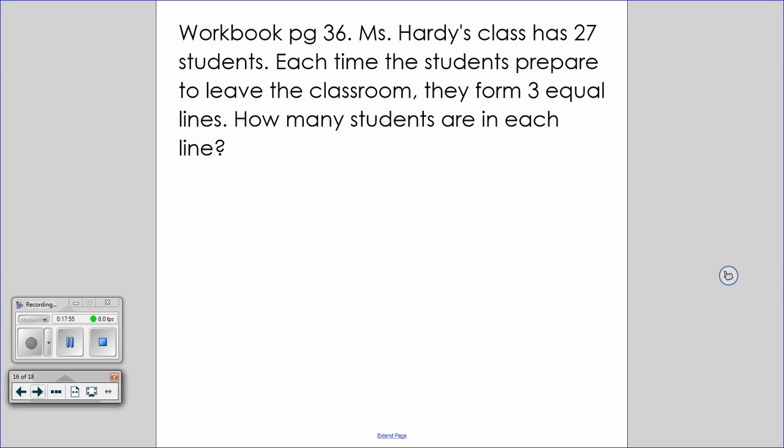We don't need this part. Miss Harvey's class had 27 students. Each time the students prepare to leave the classroom, they form 3 equal lines. How many students are in each line? Very good. Very good. What am I counting?